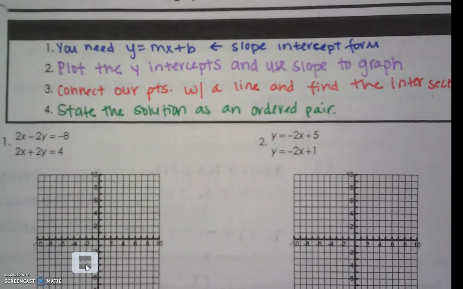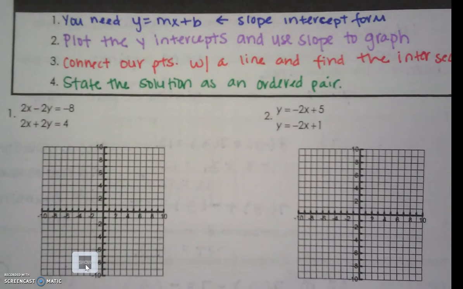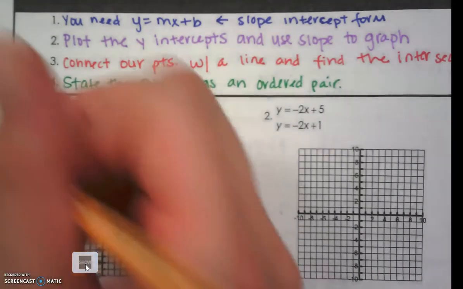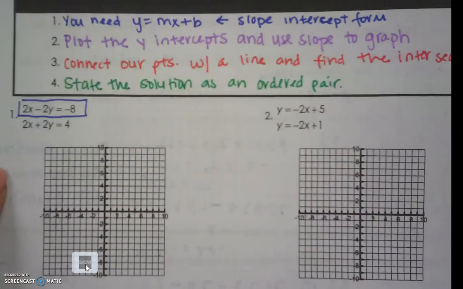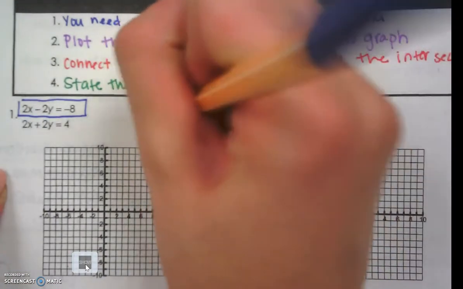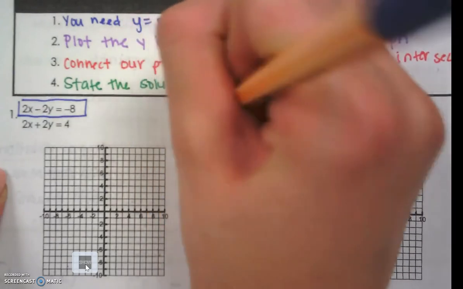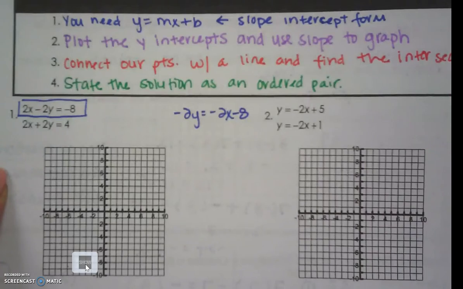So let's look at number 1. All of these examples here, except for number 2, you have to move around your equations. So I'm going to work with this first guy. I'm going to do my work off to the side here. So I'm going to have negative 2y equals negative 2x minus 8. I have to move that x to the other side.